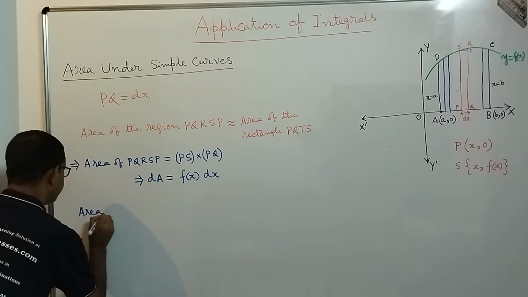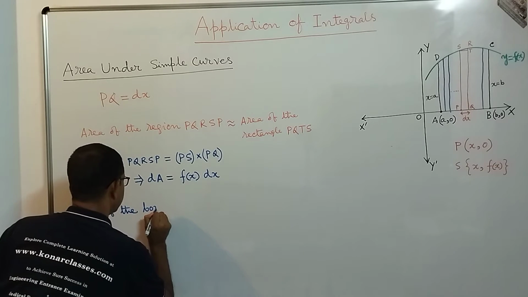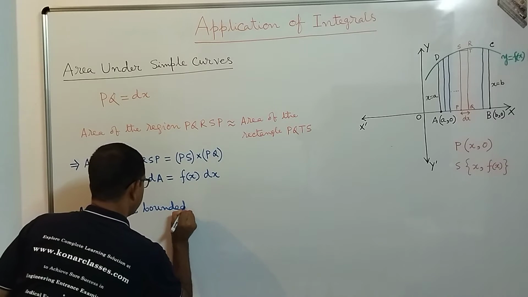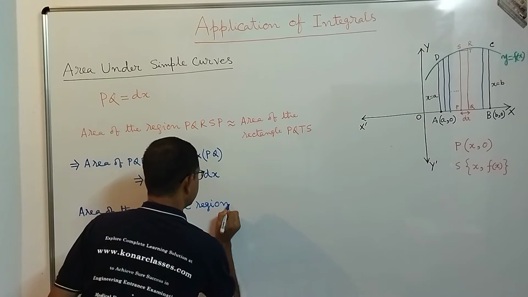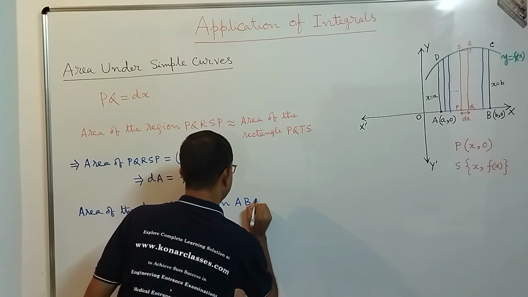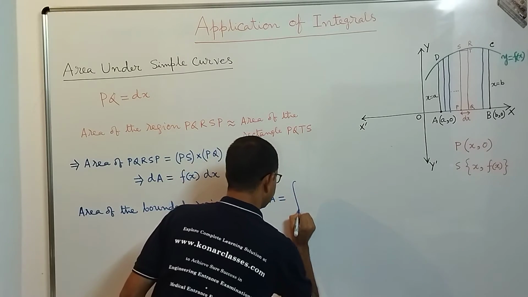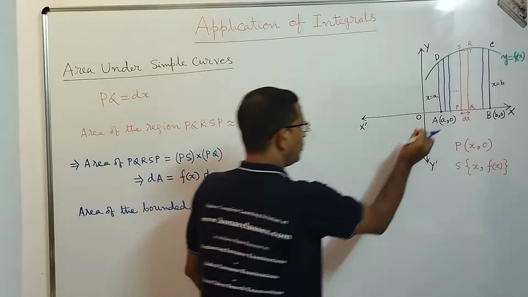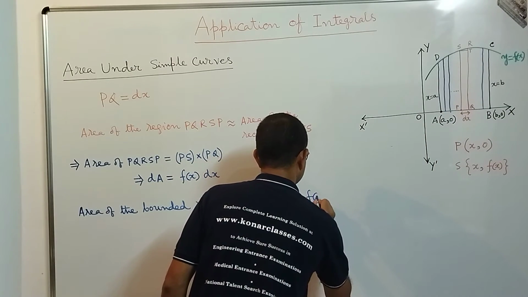So how do we find the area of the bounded region? The area of the bounded region ABCDA is nothing but integration, because all these areas are getting added: the integration of f(x) dx.